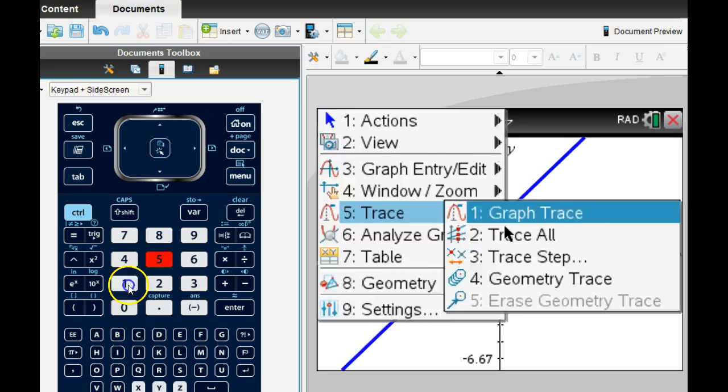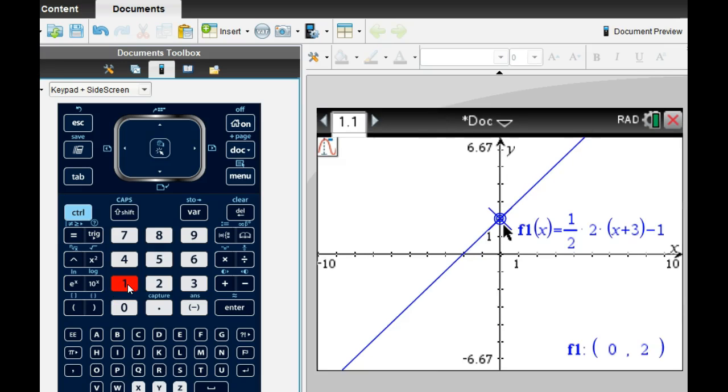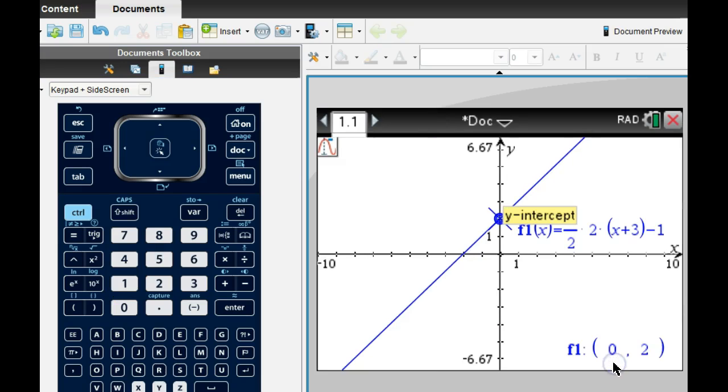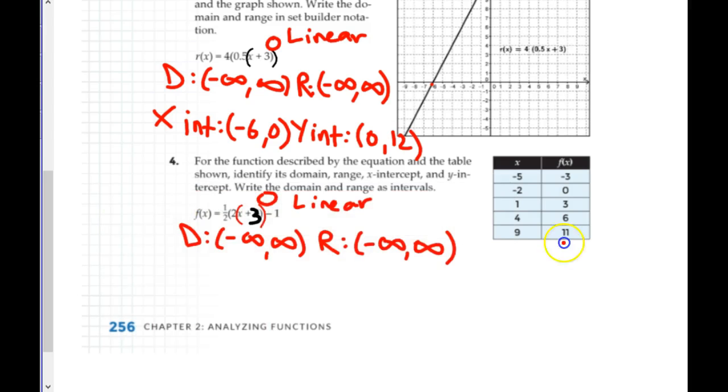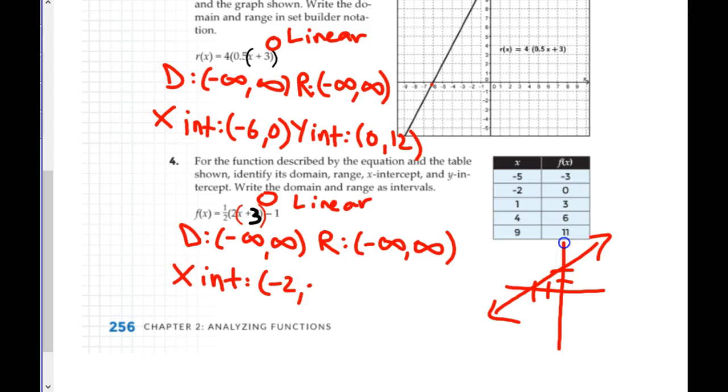But if you press menu 5-1, you can know for sure. See how it says (0, 2)? That is the y-intercept, and (-2, 0) for my x. You don't have to do that graph, but x-intercept, (-2, 0). Y-intercept, (0, 2).